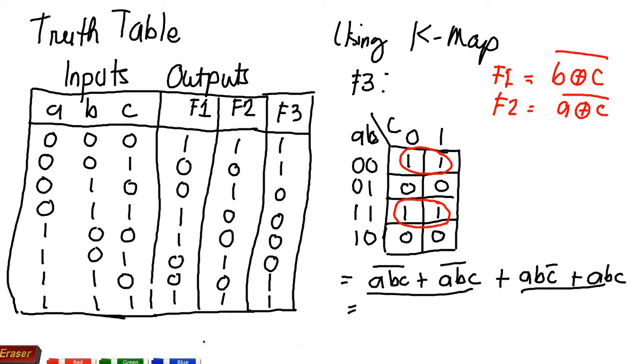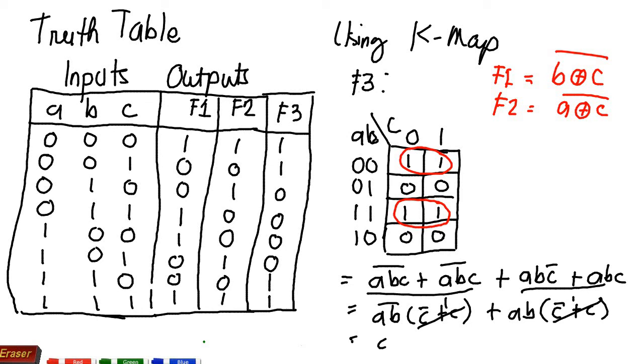So simplify. That's the common. So the common here you have A, B bar times C bar plus C. So this will become 1, plus the common here is you have A, B times C bar plus C, again is equivalent to 1.